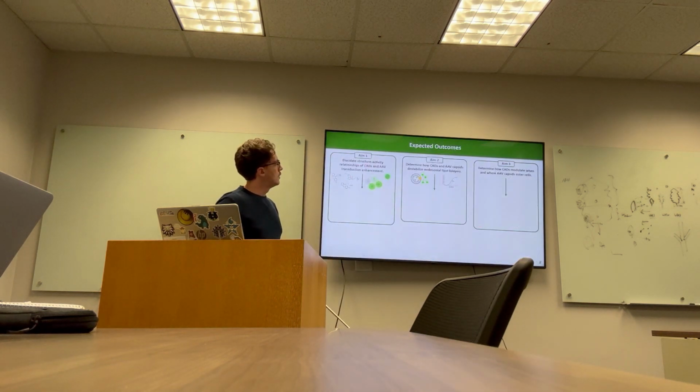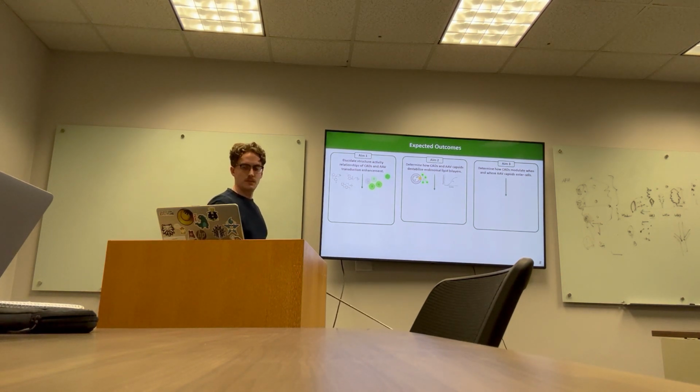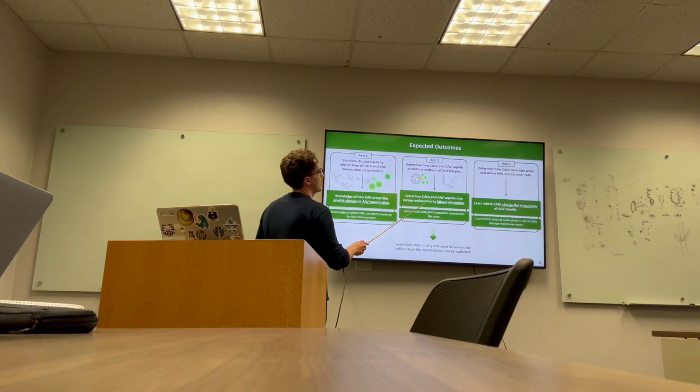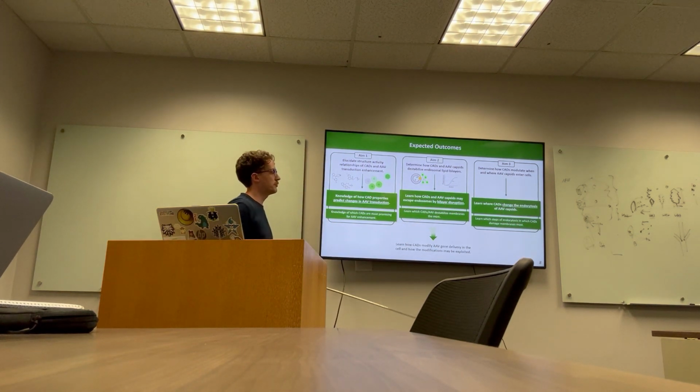Okay, so overall, I wanted to summarize the expected outcomes. We will gain knowledge of how CAD properties predict changes in AAV transduction, and we'll learn which CADs are most promising for AAV enhancement overall. Also, we'll learn how CADs and AAV capsids may escape endosomes by disrupting bilayers, and we'll learn which AAVs and CADs destabilize membranes the most.